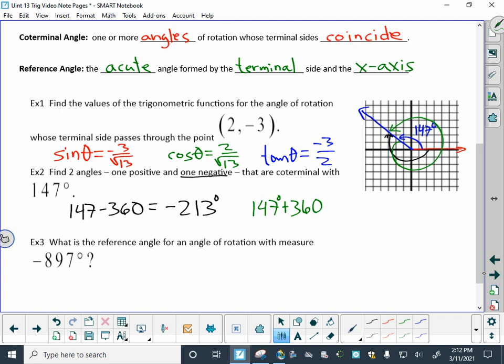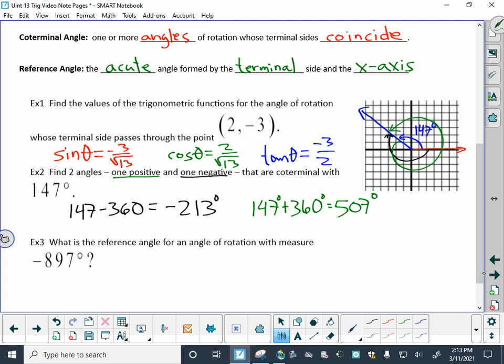147 plus 360 is 507 degrees. Okay. So there is my positive angle and a negative one that are coterminal with 147 degrees. I have an infinite number of choices.